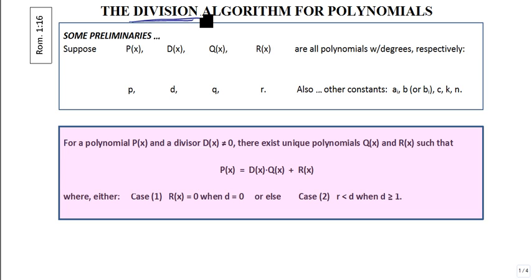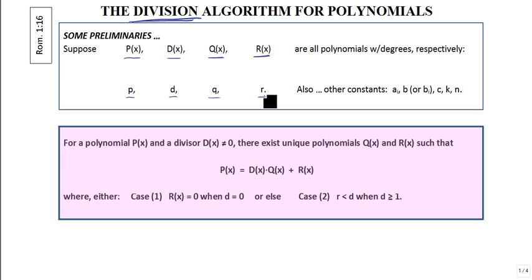All right, so coming now to the subject at hand, I have here some preliminaries before we look at the theorem itself. With the uppercase or capital letters P, D, Q, and R, I'm going to use these symbols to refer to polynomials. And I'm going to use the lowercase symbols, little p, d, q, and r, to be, respectively, each of those polynomials' degrees.